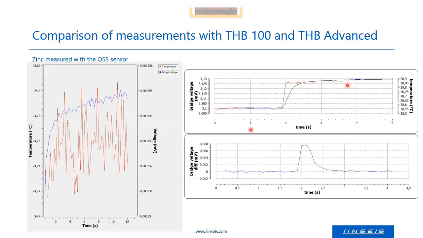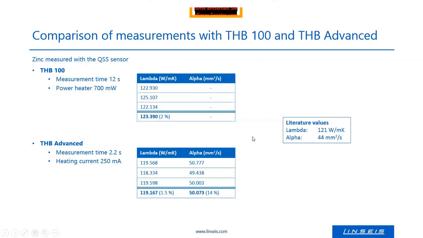And with the new one, the advanced instrument model, we can reach quite a nice curve here. But still, it's okay, I would say, for the lambda. For the THB 100, it's still good, 2% uncertainty or deviation.